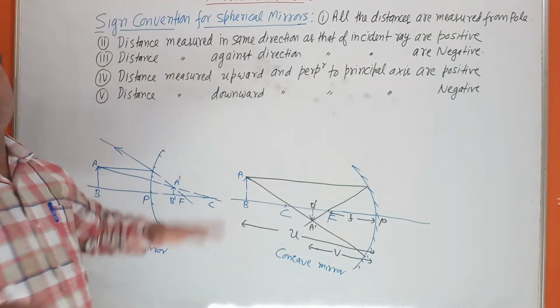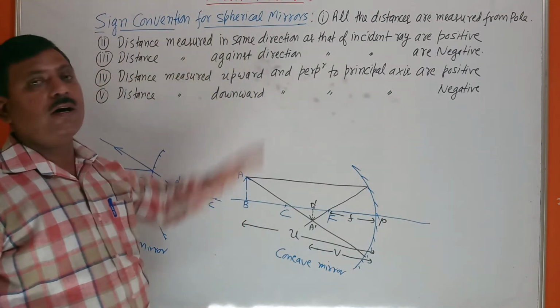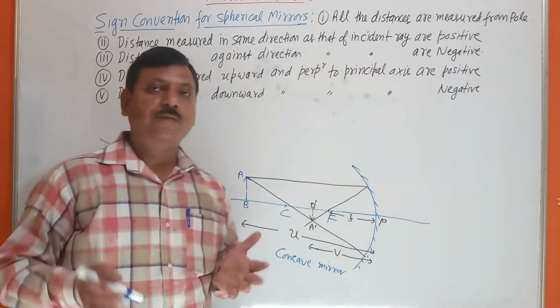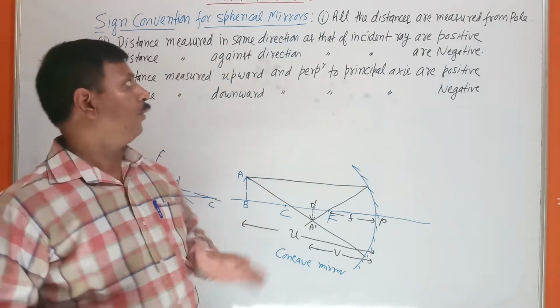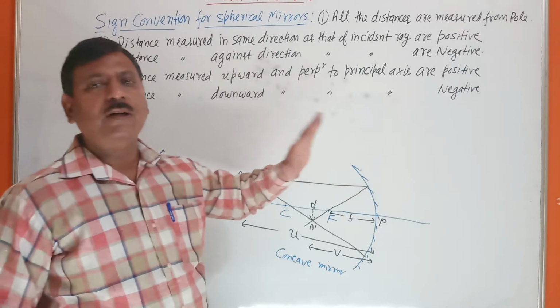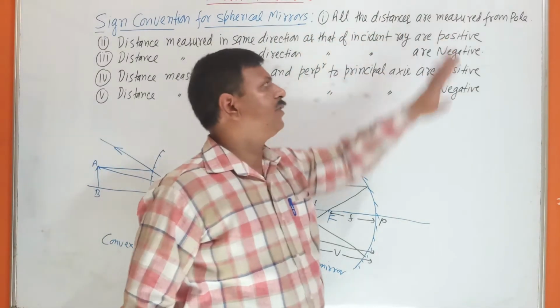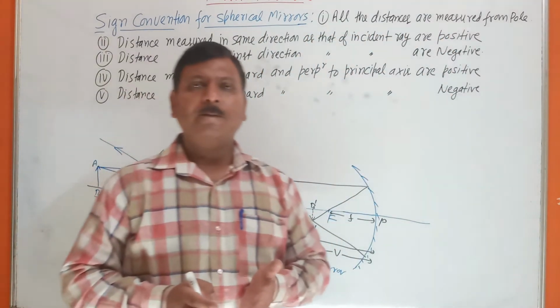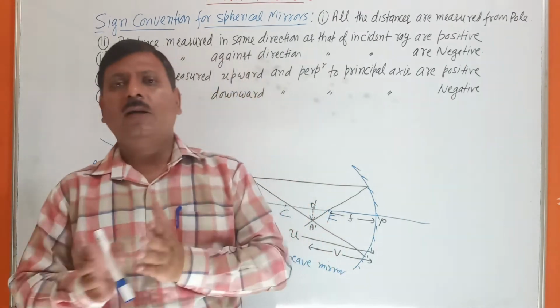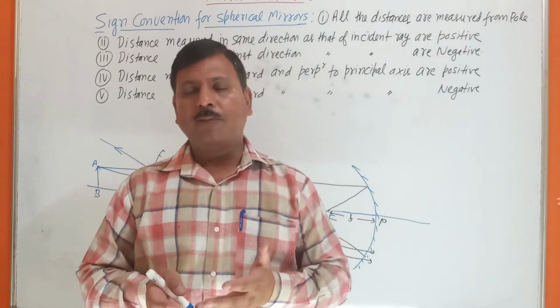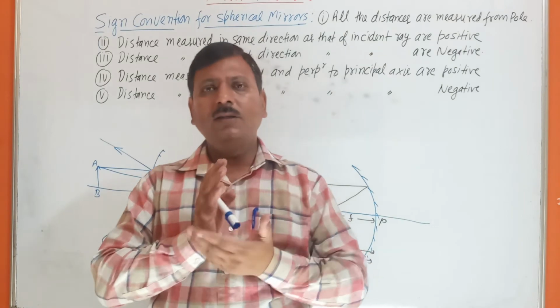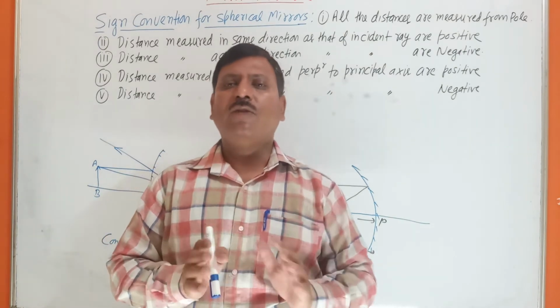See here, the sign convention for a spherical mirror for the mirror formula. The first thing you have to remember: all distances are measured from the pole. When we apply the mirror formula, all distances we take from the pole.